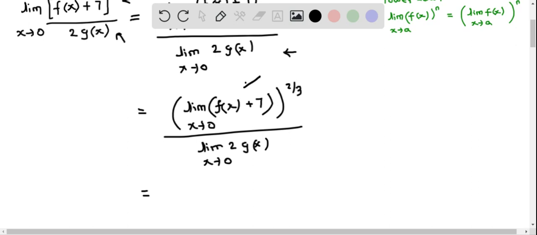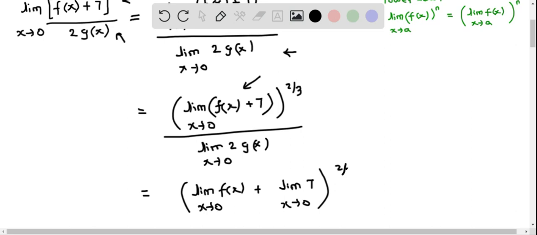Now the next step, we can determine the value of the limits. For the numerator expression, I'm going to apply the sum rule. So this will become the limit of f of x as x approaches 0, plus the limit of 7 as x approaches 0, and this whole quantity raised to the power of 2 thirds.